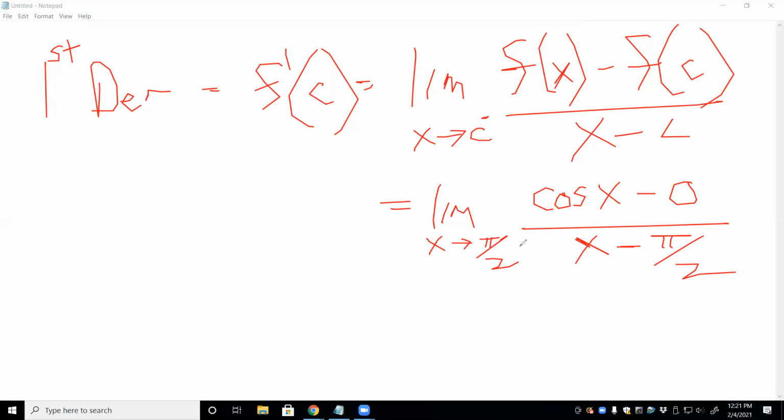It's not clear at all how that turns into minus sine x. I'm just guessing here.